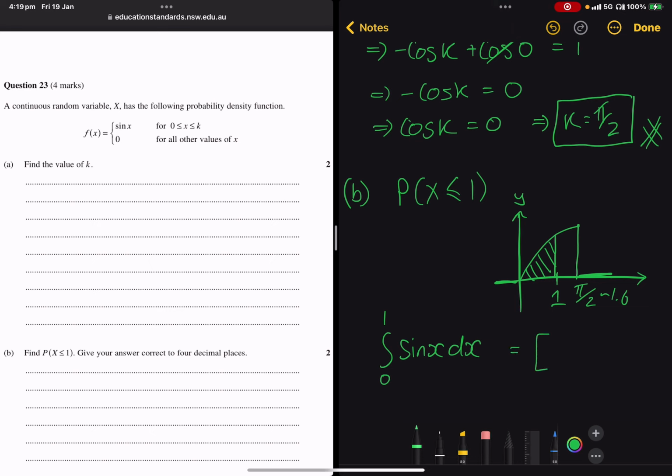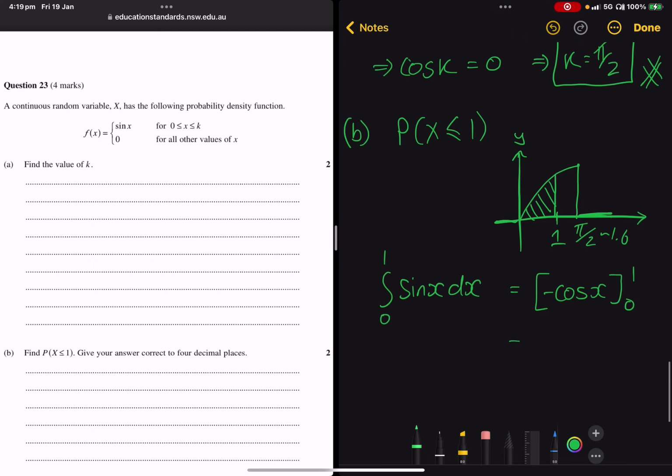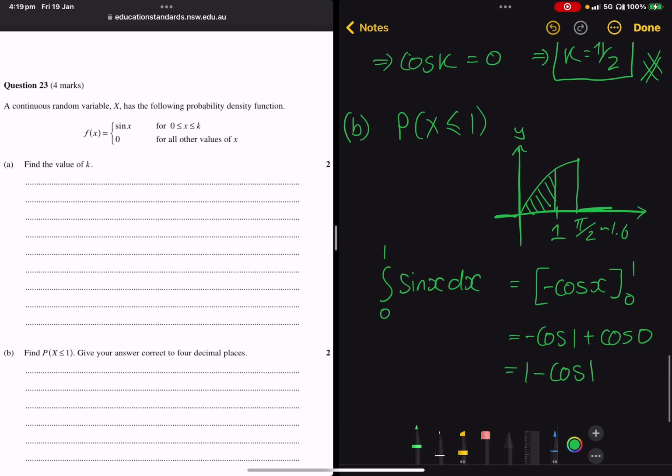So this is minus cosine of x evaluated from 0 to 1, which is minus cosine of 1 plus cosine of 0. Cosine of 0 is of course 1, so this will be 1 minus cosine of 1.